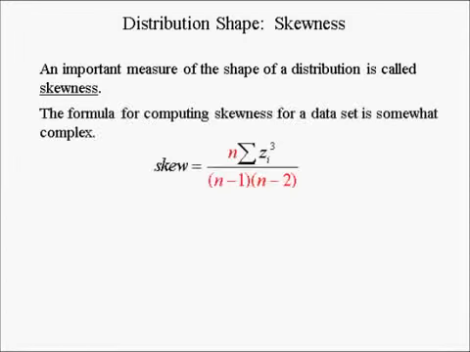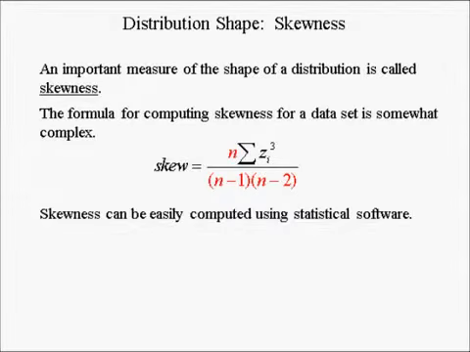The formula for computing skewness for a data set is somewhat complex. Skewness is easily computed using statistical software. However, a skew is just the average, essentially, of cubed z-scores if the sample size is large.